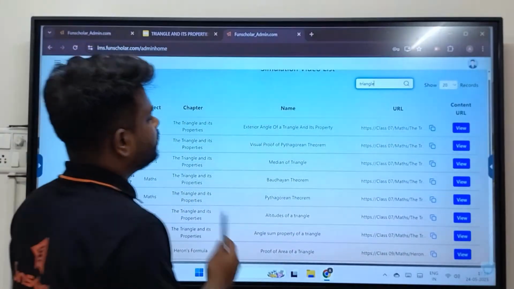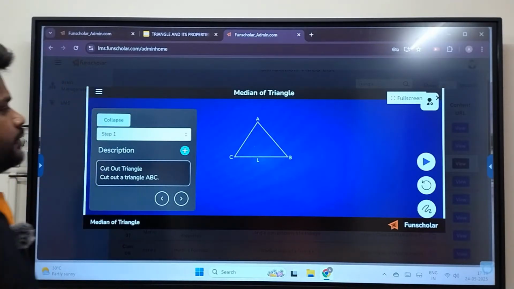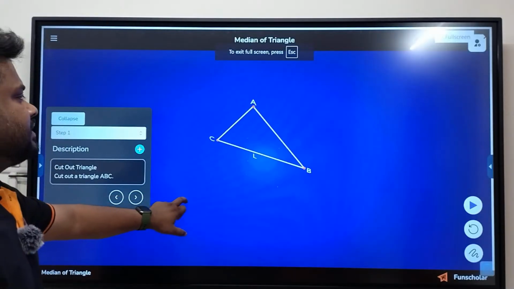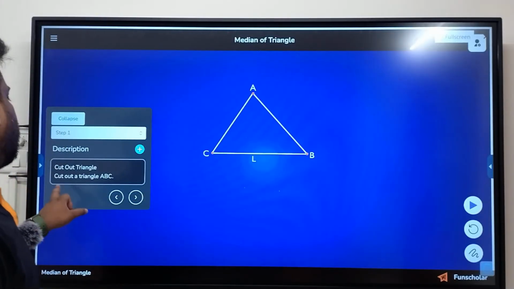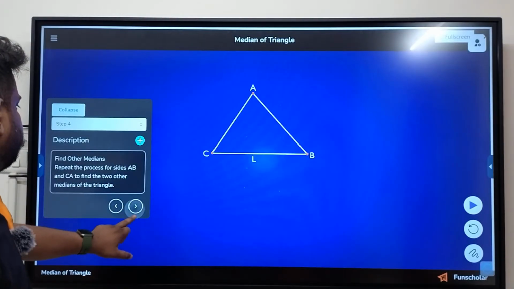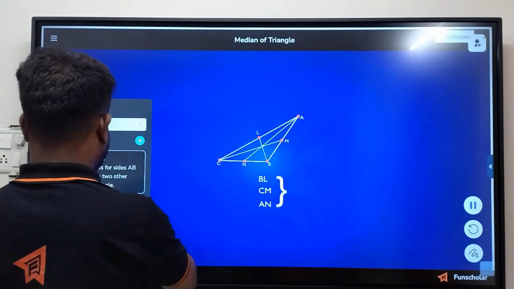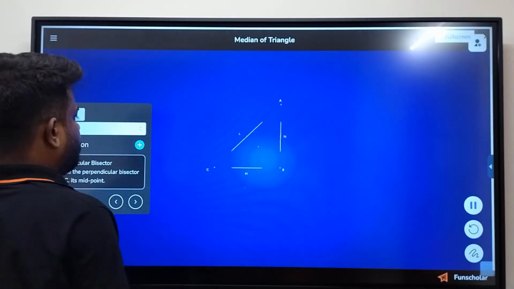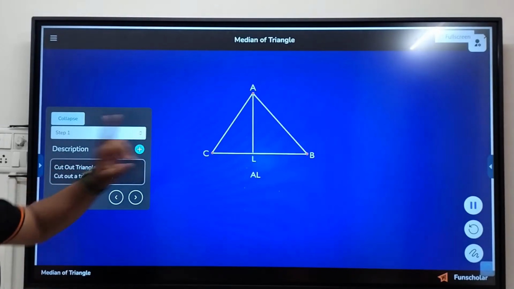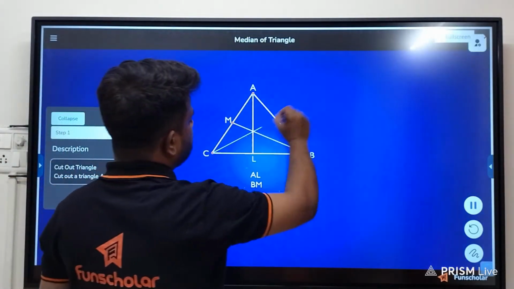Okay, so first watch the median of a triangle. If this is a triangle, now cut out triangle ABC. The first step will be, in this triangle, where we are drawing all the medians.